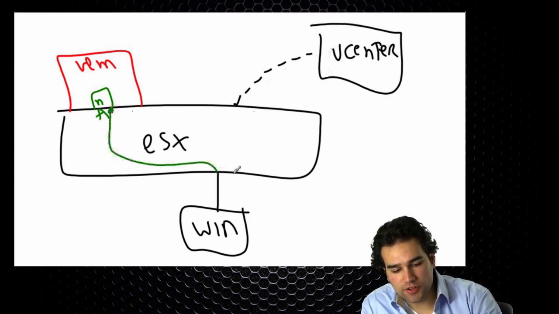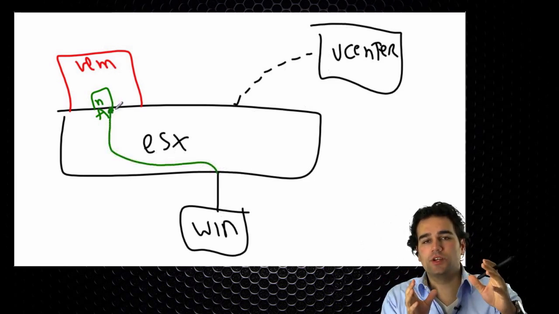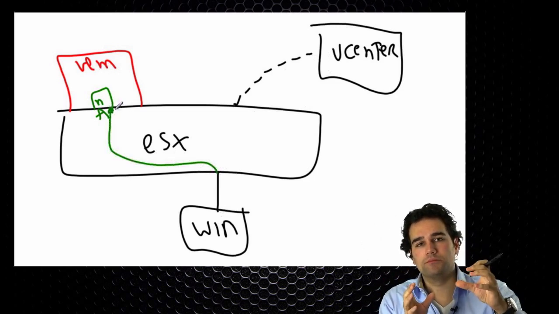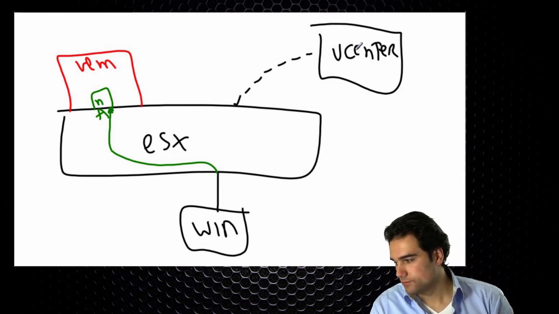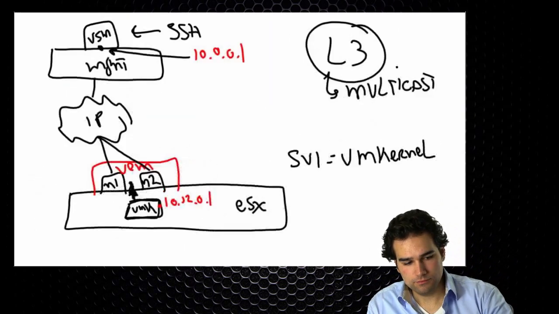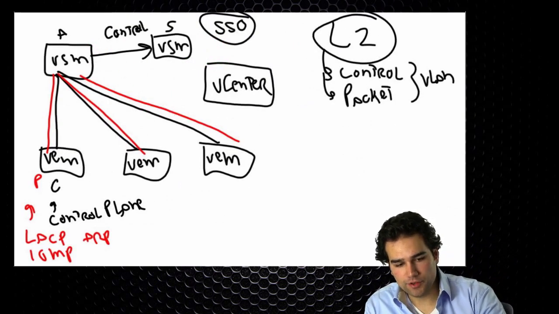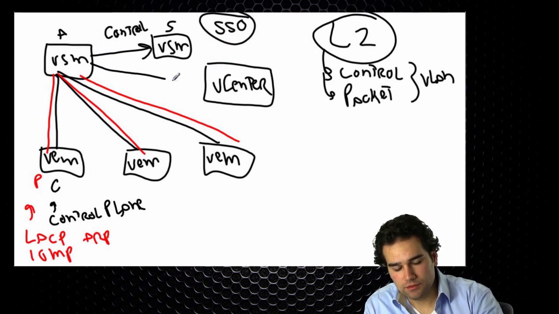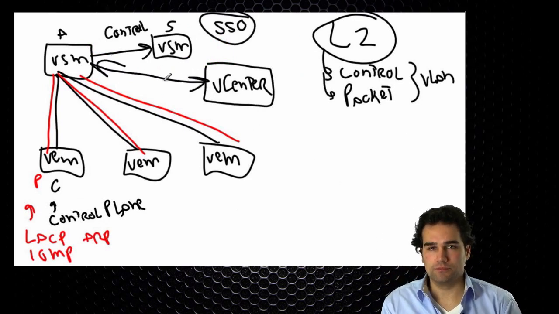So vCenter arranges that the VM is actually connected to the software switch, to the VEM. That is something that vCenter orchestrates. Therefore, I require a connection between the VSM and vCenter. They need to talk to each other.